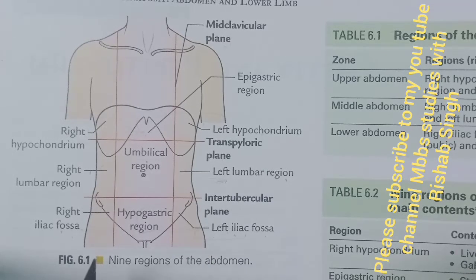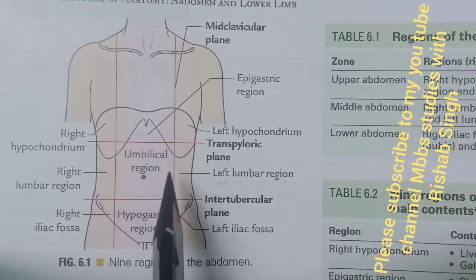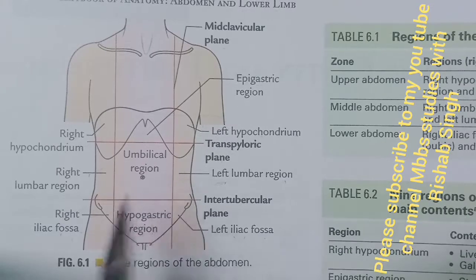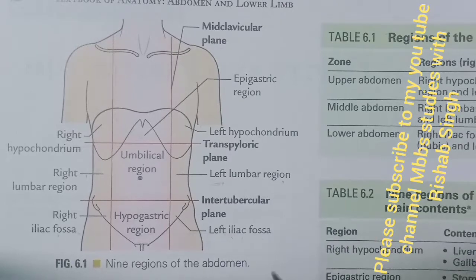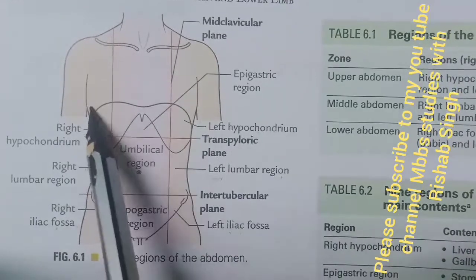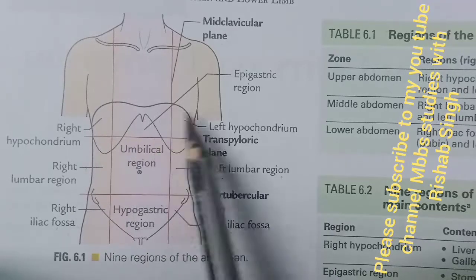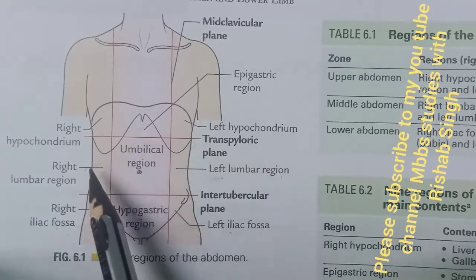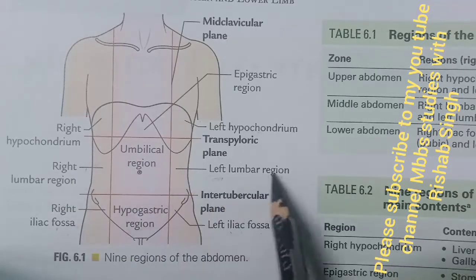All this information is based on clinical data. So basically these are the organs present in different abdominal regions, and there are different zones into which the abdomen is divided. This is the upper zone, in which the right hypochondrium, epigastric and left hypochondrium regions are there. This is the middle zone, in which the right lumbar region, umbilical region and left lumbar region are there.